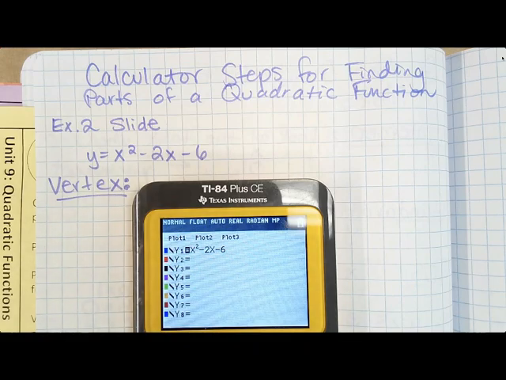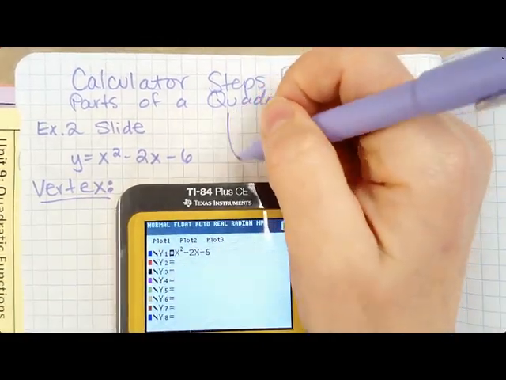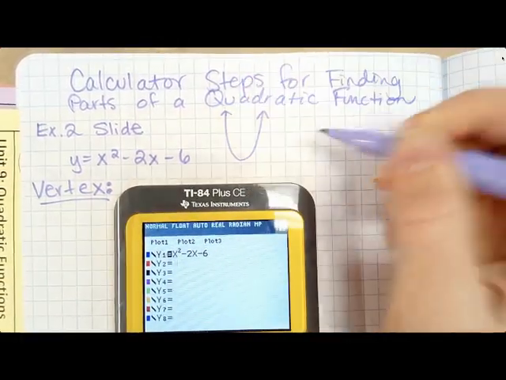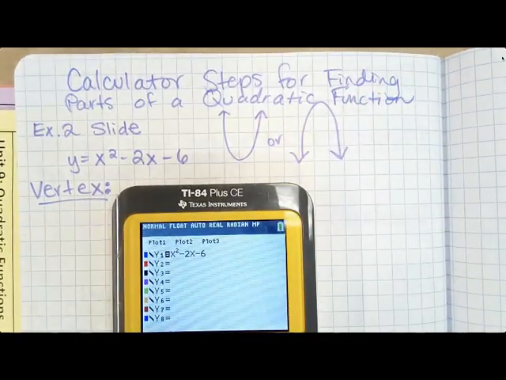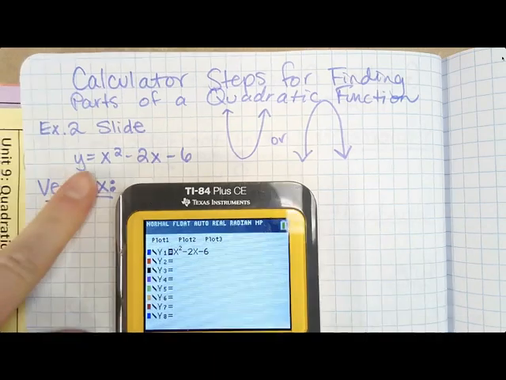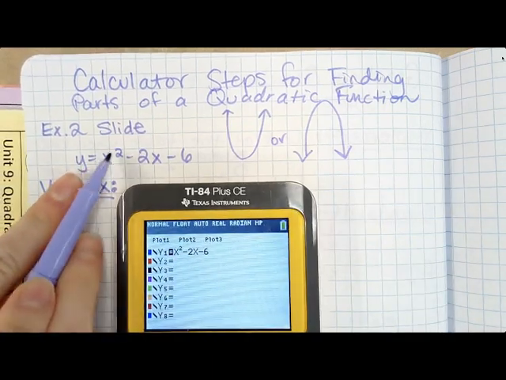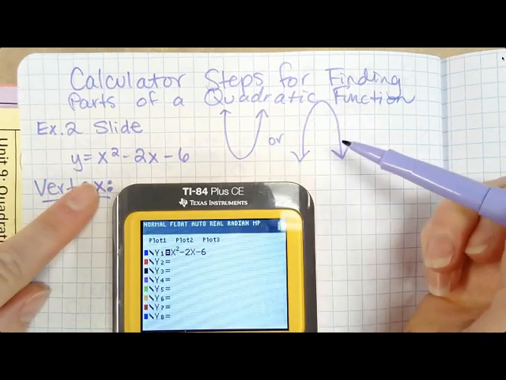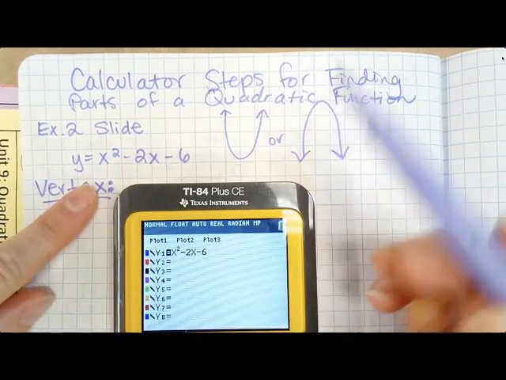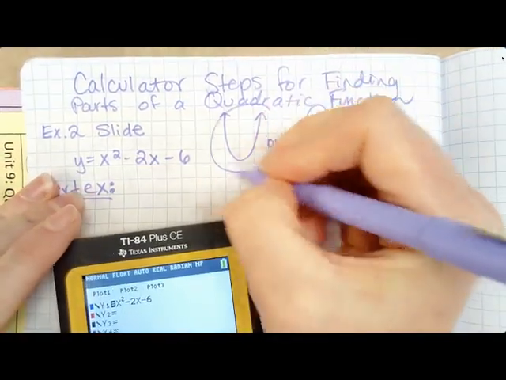Is it going to be like this or like this? The way we know that is by looking at what is in front of the x squared. If it's positive, it's going to go upward, and if it's negative, it's going to go downward. So in this case, it is going to go upward.